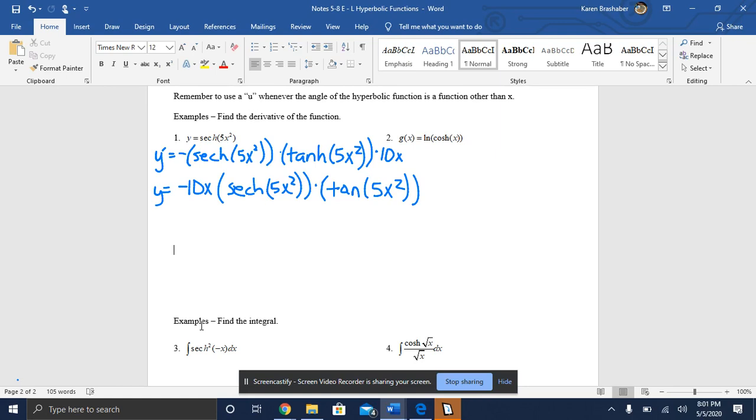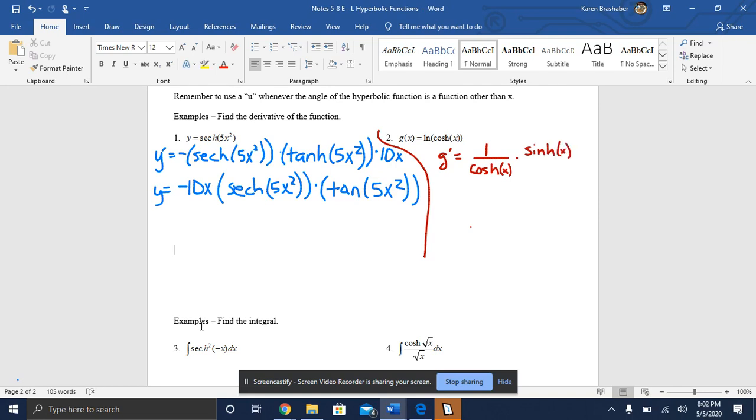For your second example, which is g of x equals the natural log of the hyperbolic cosine of x, g prime would equal, all right, for a logarithm, we'd have to do 1 over the argument. So 1 over the hyperbolic cosine of x, and then times the derivative of hyperbolic cosine, which is hyperbolic sine of x.